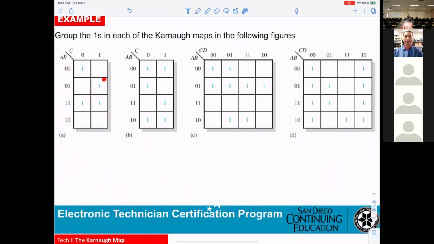Adjacent, the 1 and 1 here will be neighbors. But this one has only one, no neighbor. That's what we want to loop first. So you loop that one first, and now you write the expression. It will be not A, not B, not C.